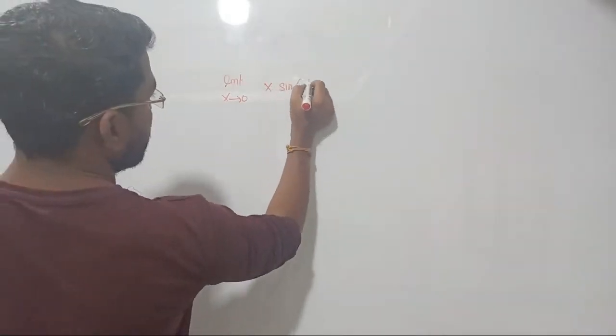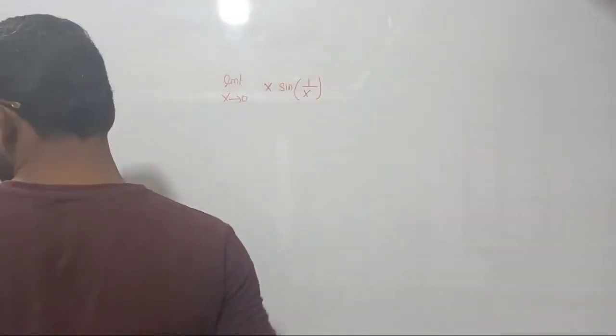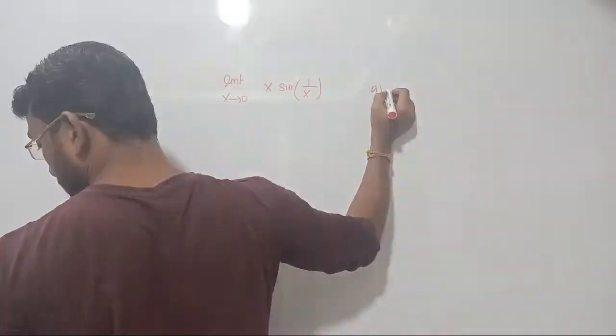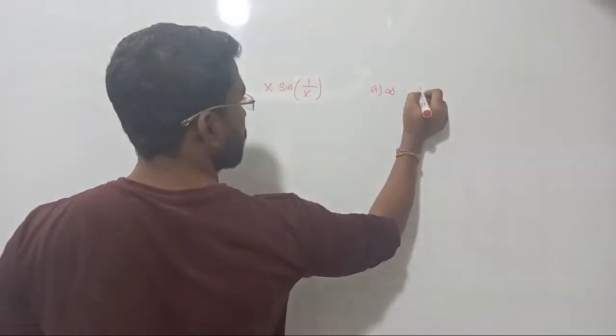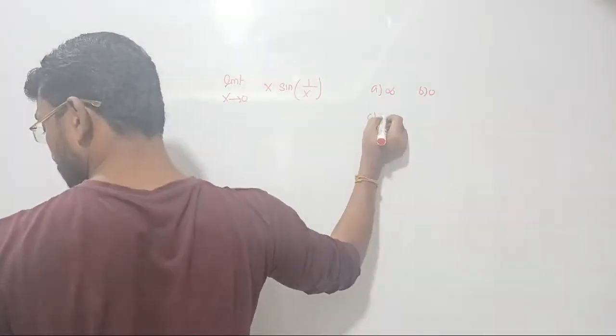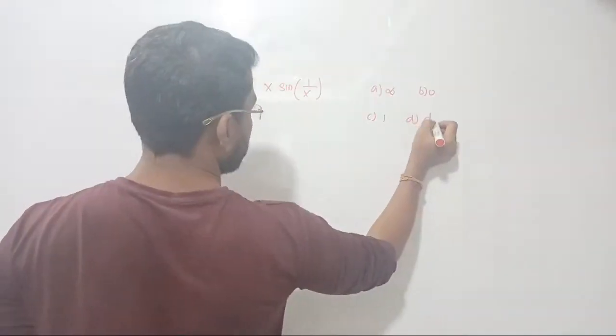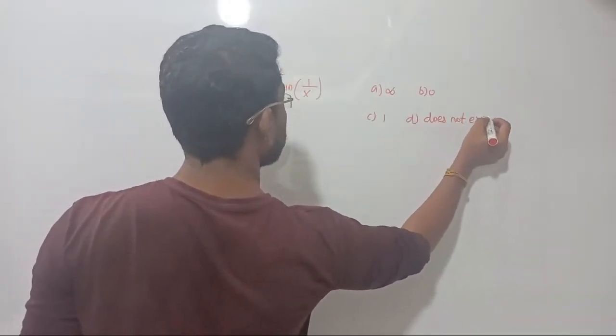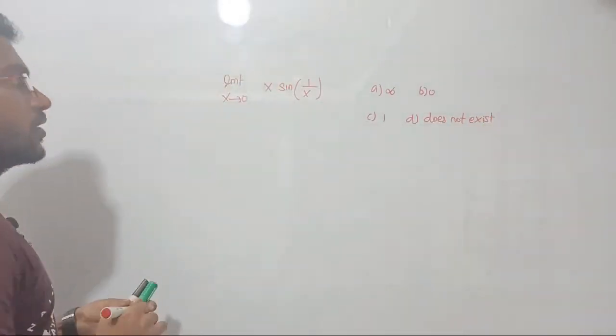They have given 4 options. Option A, infinity. Option B, 0. Option C, 1. Option D, does not exist.